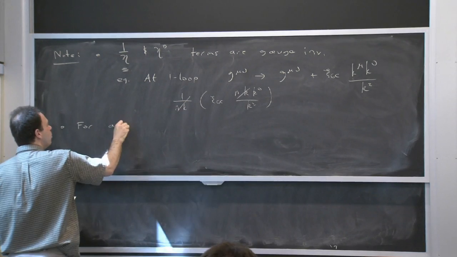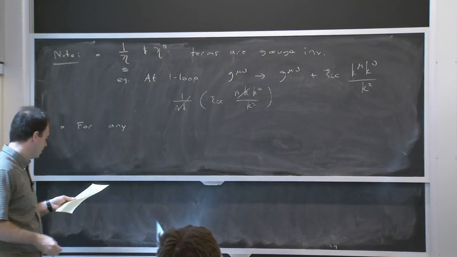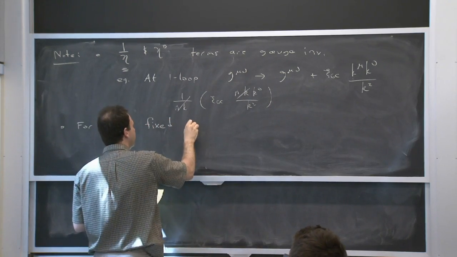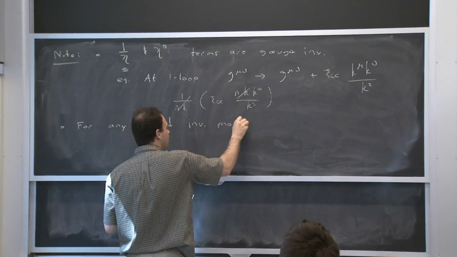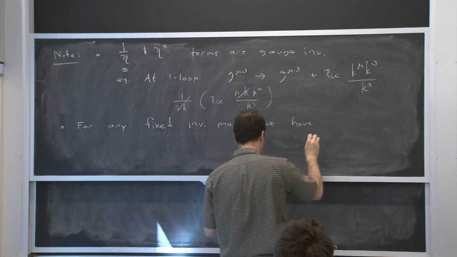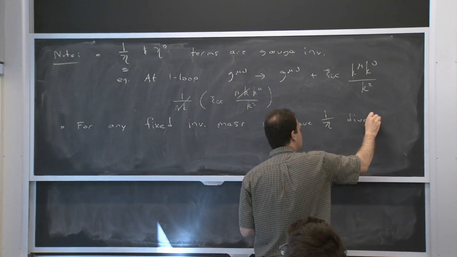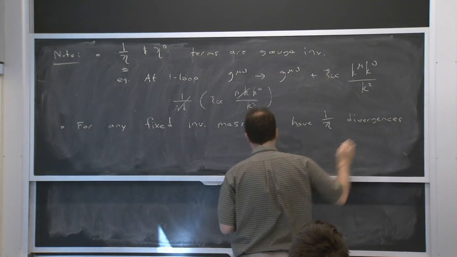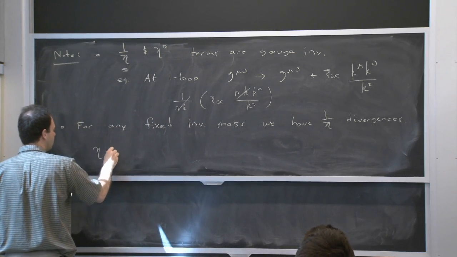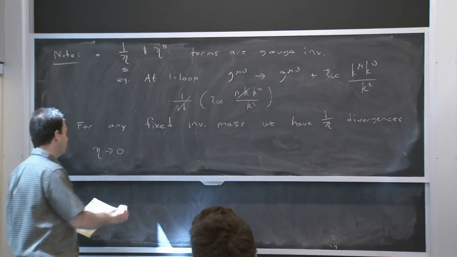So we have both 1 over epsilon poles and 1 over eta poles in general, and we have to understand what to do with them. So here's what we're going to do. For any fixed invariant mass, it turns out that we can have these 1 over eta poles. And the right procedure for dealing with them is as follows. First, you take eta goes to 0 and deal with these new poles that you have introduced in your amplitude.